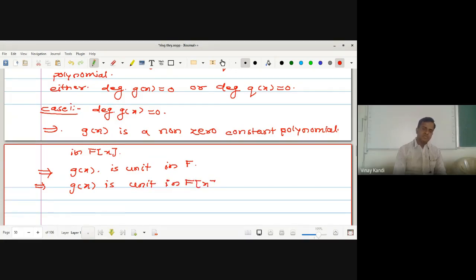capital F of x. Okay, the units of this and the units of that are how? They are the same, since the units in R and the ring of polynomials R of x are the same. Okay, so here g of x is a unit in F of x. It implies, what is the ideal generated by a unit element?